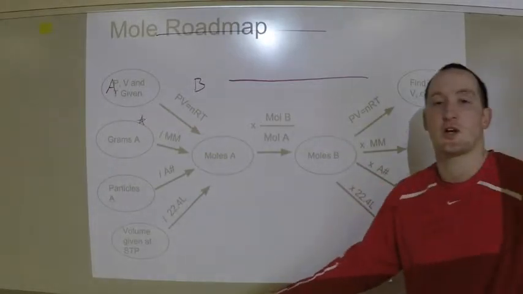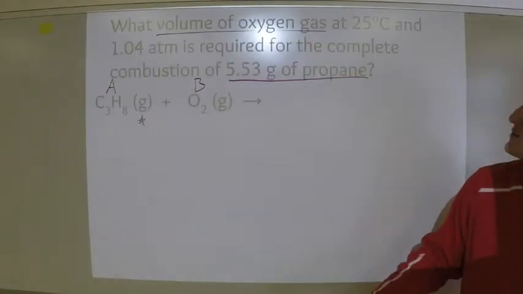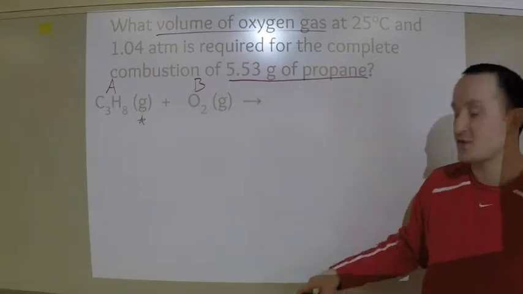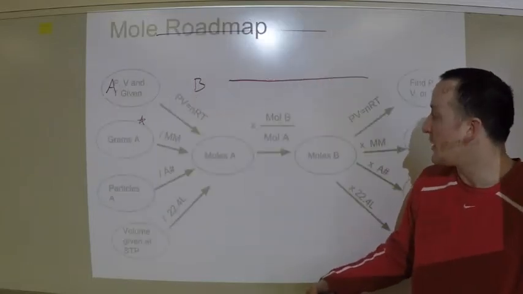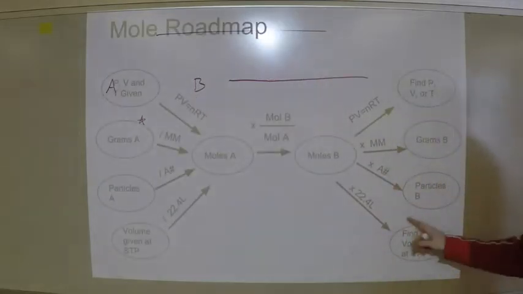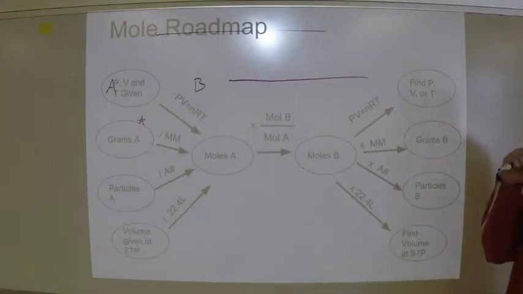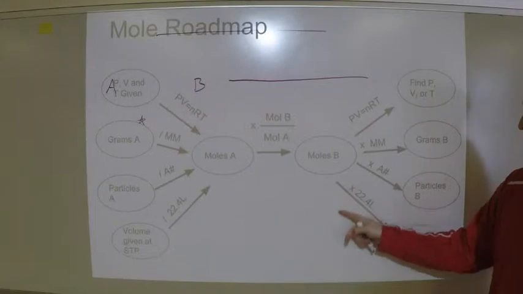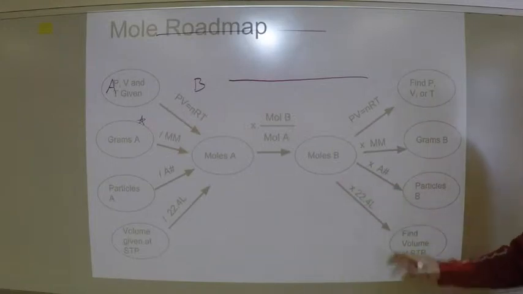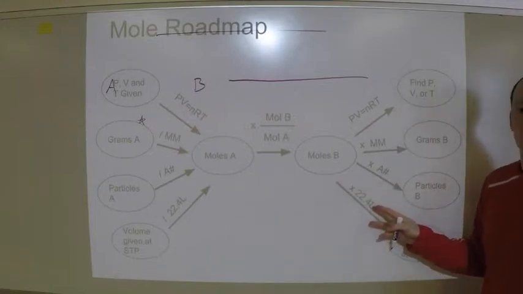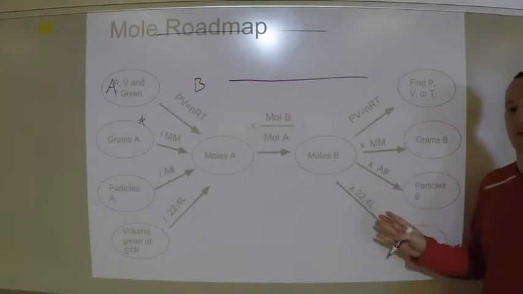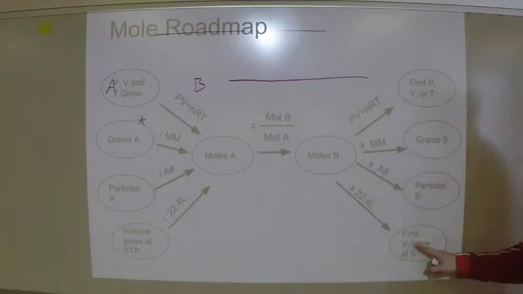Then, what did the question ask me for? It asked me, what volume of oxygen gas? So, you might say, oh, well, we've been able to find volume this way. Well, we actually cannot use this conversion anymore. Here's why. This conversion, the 22.4 liters, can only be used to find volume at STP.